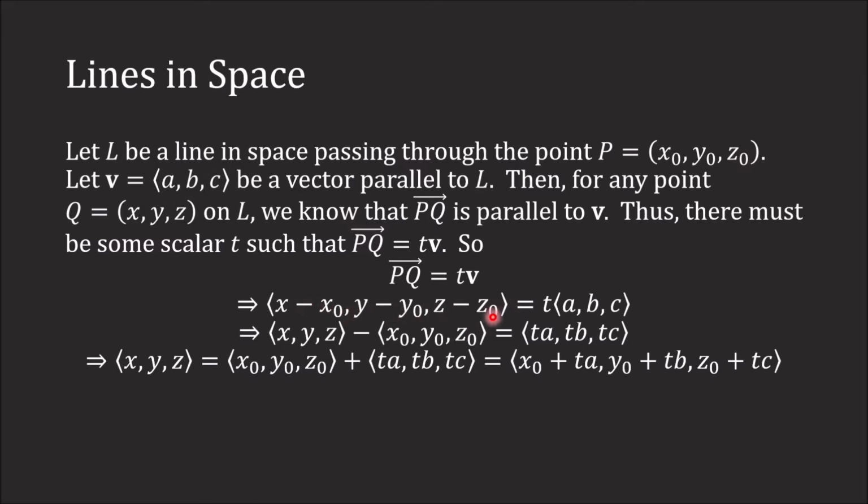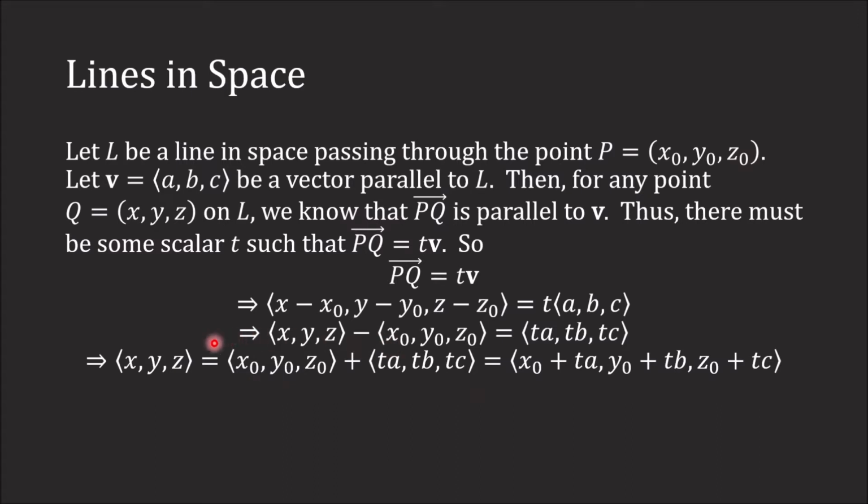We can split this up into x, y, z minus x0, y0, z0. Then we can pull in the t. We have equals ta, tb, tc. We can then solve for x, y, z, and that is x0, y0, z0 plus ta, tb, tc.